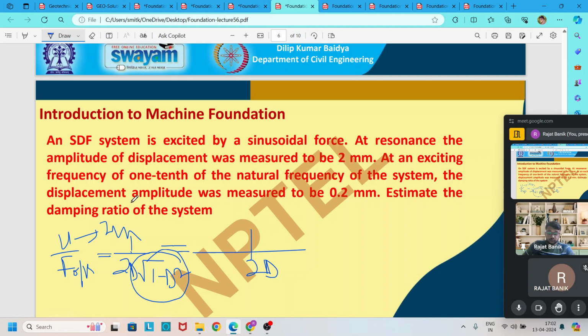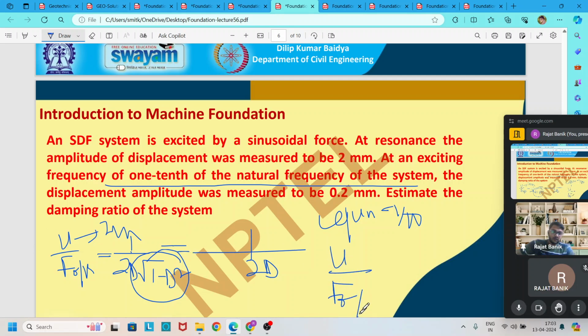Then at 1/10 of the natural frequency of the system, omega by omega n ratio is equal to 1/10. When the frequency ratio is less than 1, u by f naught is approaching towards 1. And in this situation, our amplitude is 0.2 mm.